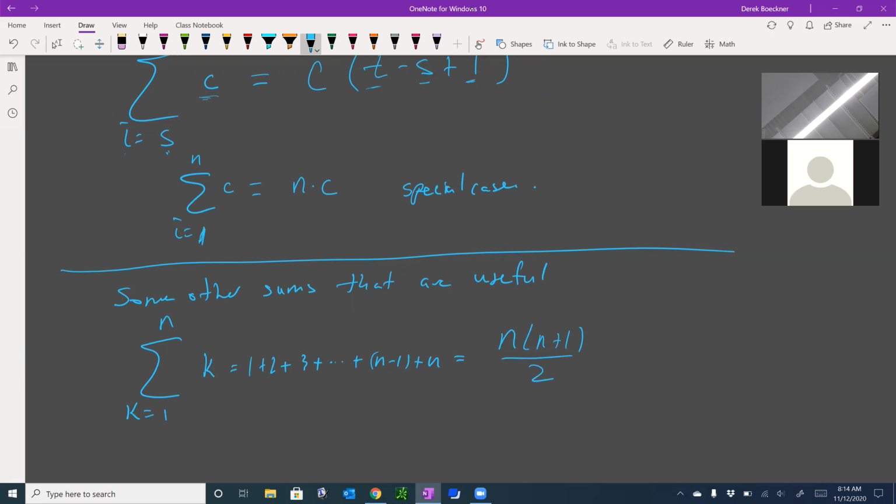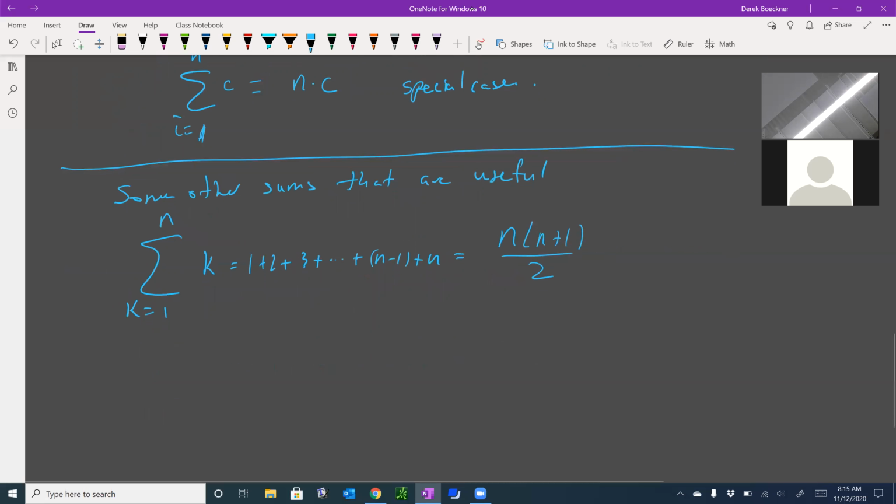Has anybody seen that proved before? Well, you just rewrite it the other way. This is also equal to n plus n minus 1 plus ... plus 2 plus 1.